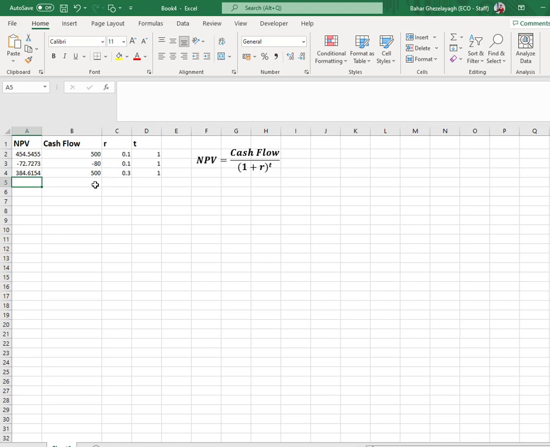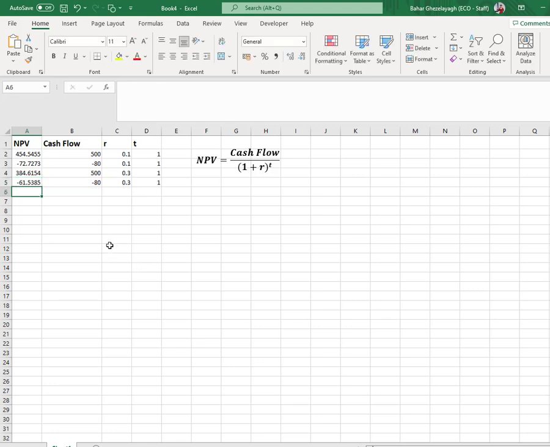If I repeat this for minus 80 and 0.3 and 1, I will have that my net present value is minus 80 divided by 1 plus the discount rate 0.3 and brackets close. And remember that to the power of 1 will not make any difference whether I write to the power of 1 or not.